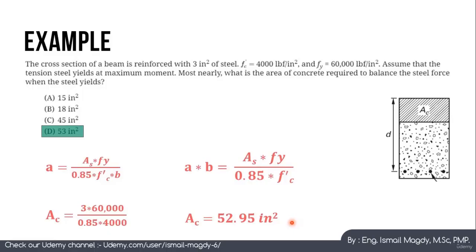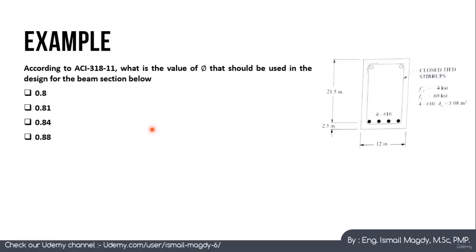Let's have another example. According to ACI 318, what is the value of phi that should be used in the design of the beam section below? If we want to calculate the phi factor, this means that we need to understand first if this is a tension-controlled, transition, or compression-controlled section.